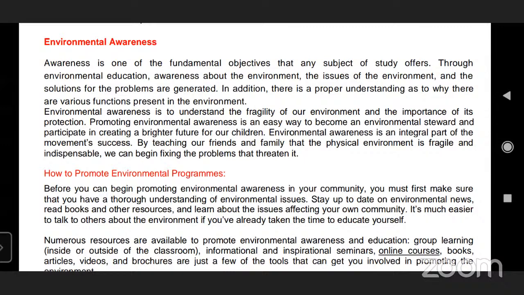By teaching our friends and family that the physical environment is fragile and indispensable, we can begin fixing the problems that threaten it. As we know, it is an easy way to become an individual environmental steward and participate.